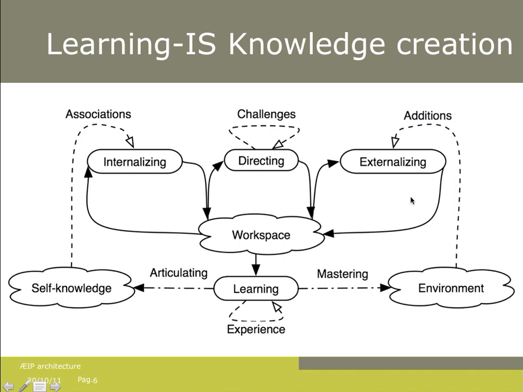The other things are quite pragmatically seeing what is out there and seeing how you connect it to the associations you create, or related to the challenges you previously defined. So here you see that we have associations, challenges, and additions, and they create experience. All of them are related to knowledge, to concepts.